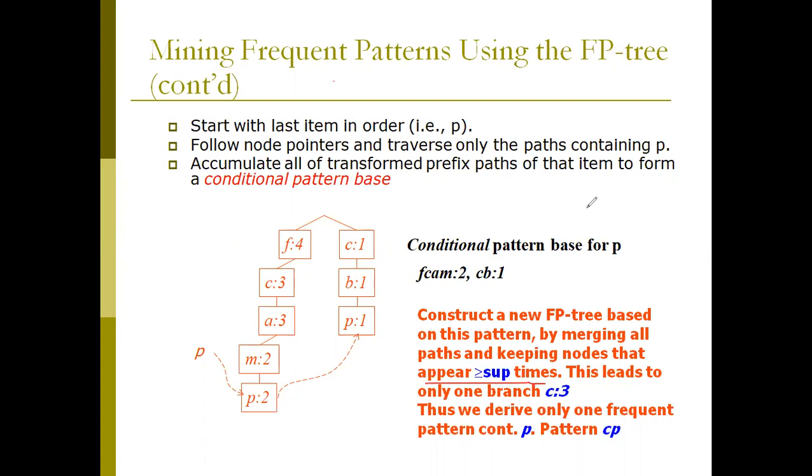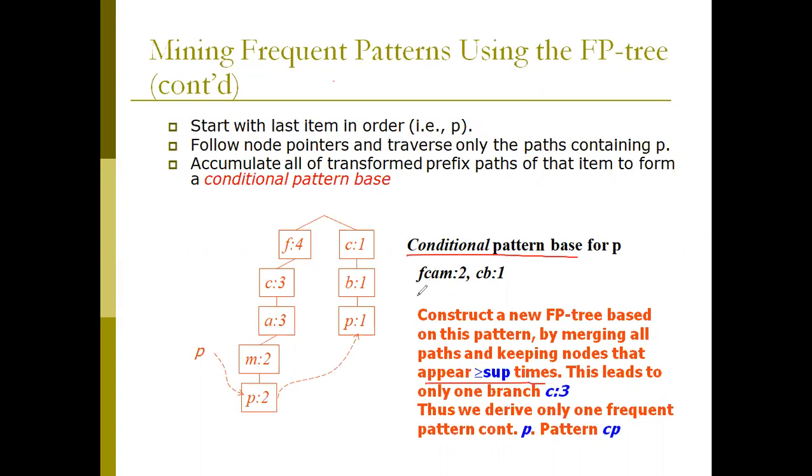Already we have defined the minimum support count as 3. So here, this is a conditional pattern base. Next, the conditional FP tree.